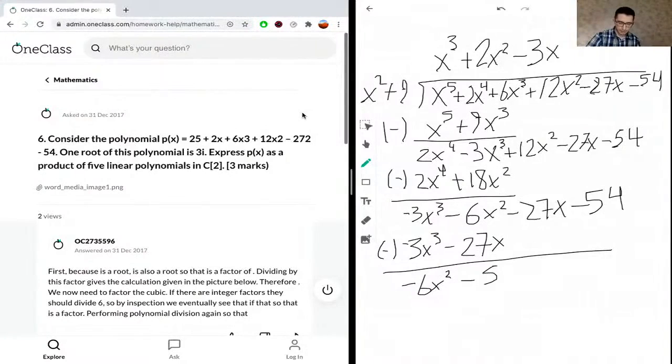Finally, to find the last term, we know we can multiply x squared by negative 6, so I'll put negative 6 up here. And so negative 6 times x squared will give us negative 6x squared. And 9 times negative 6 is negative 54.